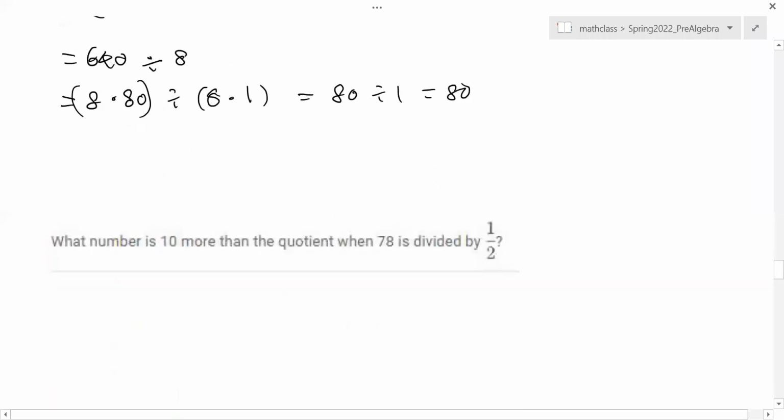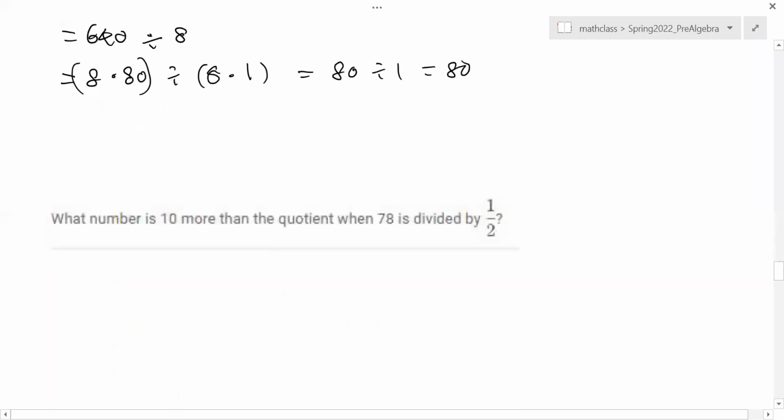How about the next problem? What is the number 10 more than the quotient when 78 is divided by 1/2?